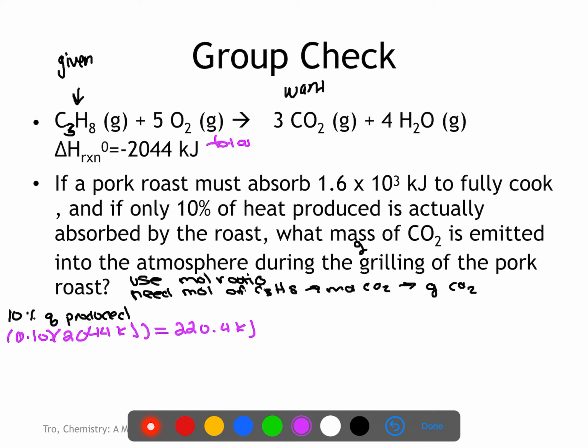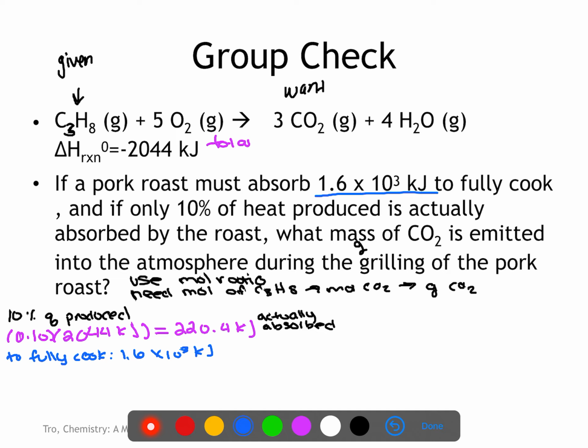Note how I didn't make this negative because it's the amount being absorbed, not the amount being released. Because the pork absorbed actually this much. Now it wants 1.6. So we know that to fully cook, it needed 1.6 times 10 to the third kilojoules.